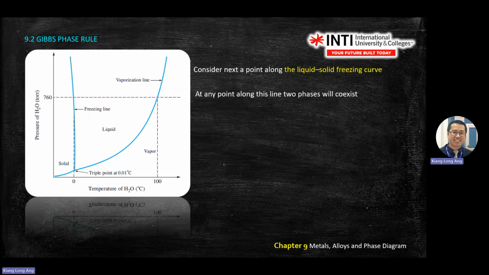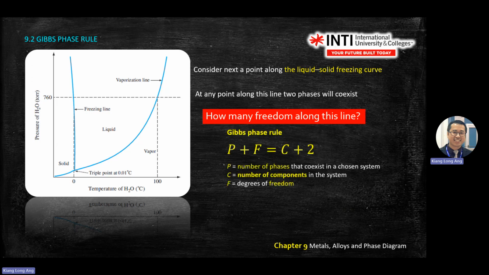Okay. So if you move to the liquid-solid freezing curve, where is the liquid-solid freezing curve? This one. If you do the same procedure here, how many freedom do you have along this line?